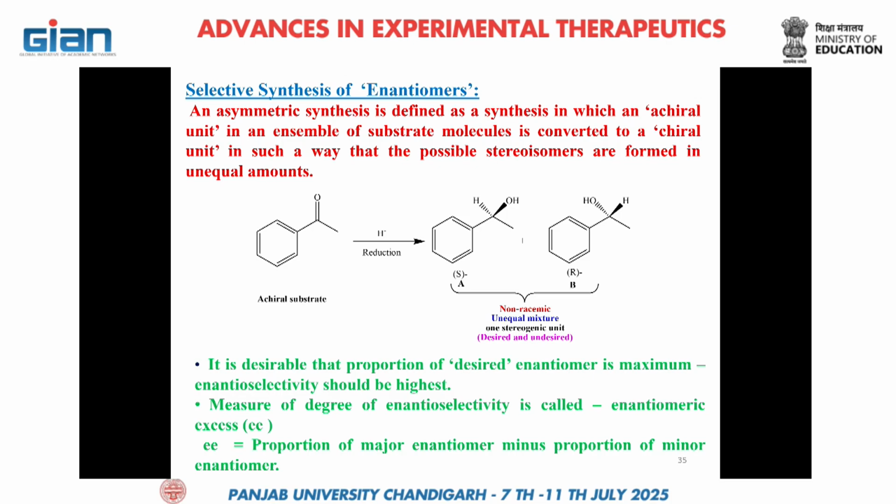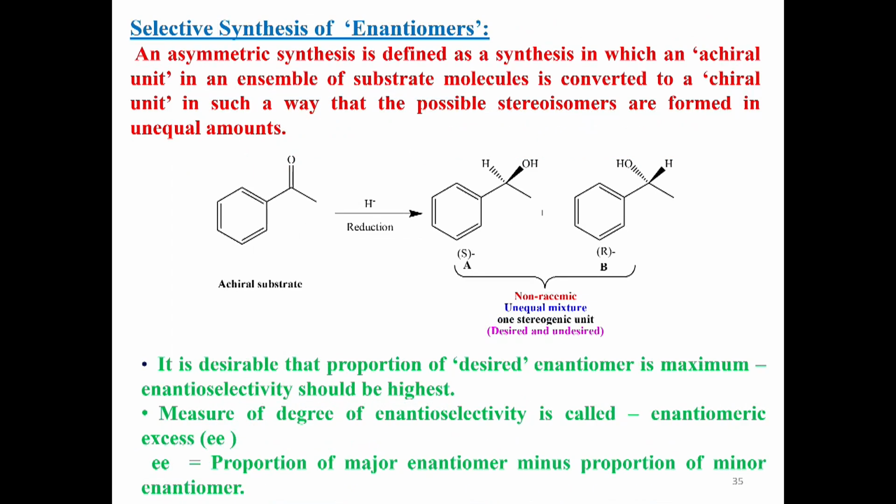Now if you see the final products, you are getting the reduction of the carbonyl compound, you are getting the corresponding alcohol molecules. But our substrate, the carbonyl compound, is planar in nature, it has sp2 hybridization.